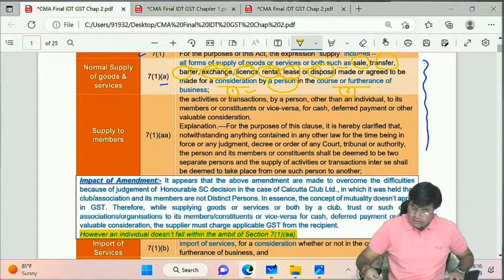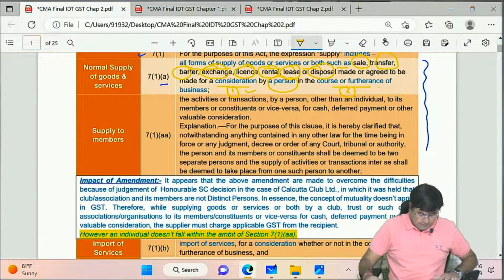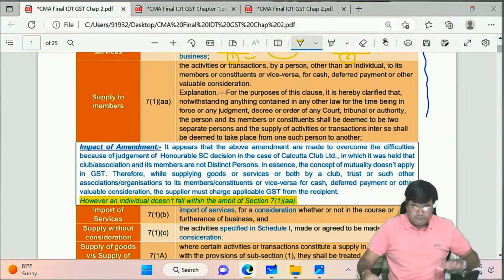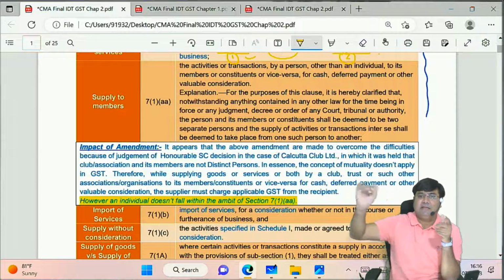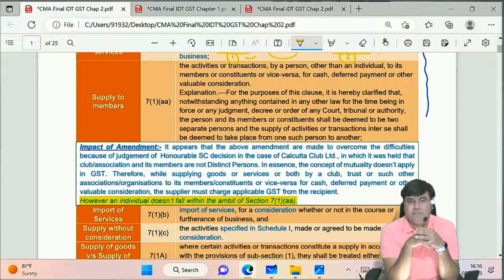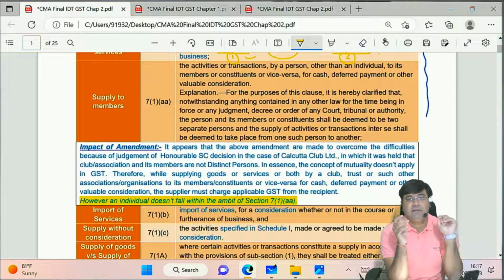Okay. So in Section 7 subsection 1 clause A, we discuss 2 conditions: consideration and in the course of furtherance of business. Let's say the second condition is not satisfied. In the course of furtherance of business is not there, but consideration is there.